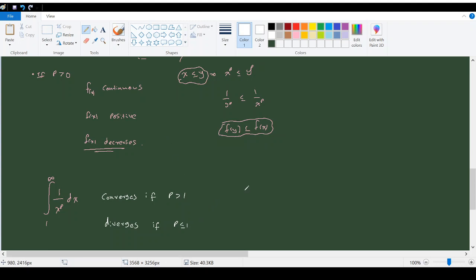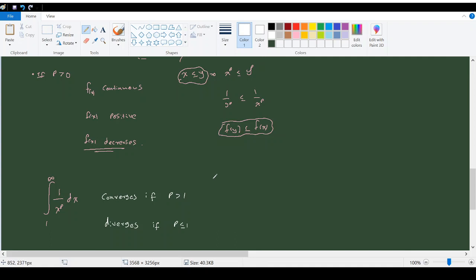This comes from the section on improper integrals, right? So from that section we know that we have convergence for this improper integral when p is greater than 1 and it diverges when p is less than or equal to 1.